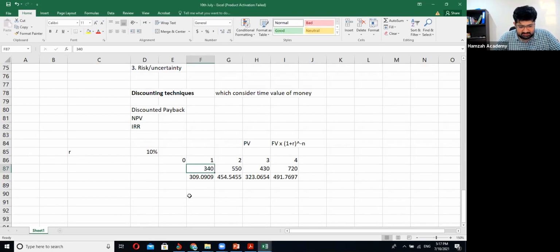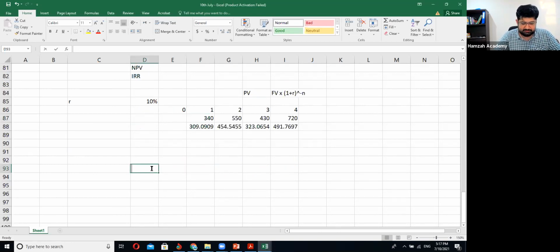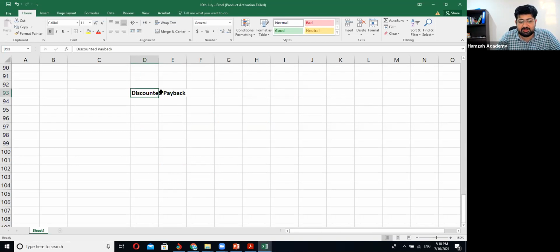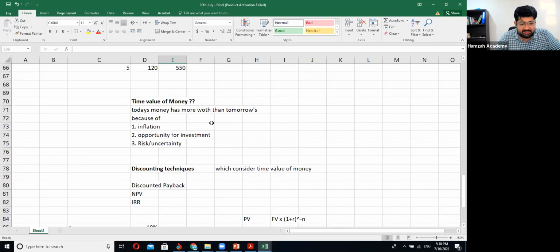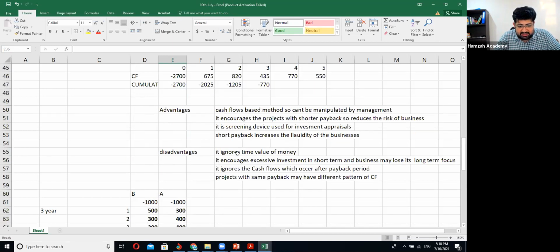The next is discounted payback period method. We have to study the discounted payback period method. Students, from the simple payback, which we have already covered, we said that it ignores time value of money.